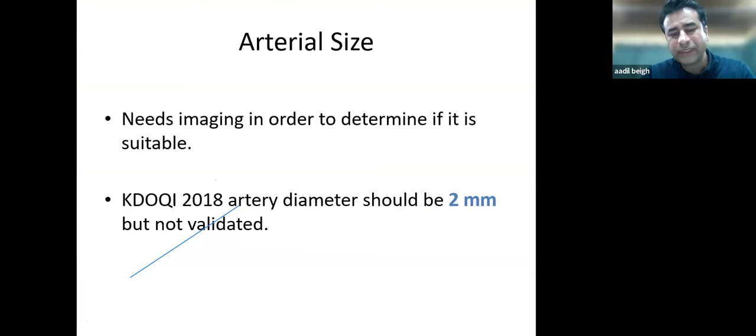Because a lot of studies show that when there is a 1.5, 1.6 mm arterial diameter, the success rate is around 70 to 80%. So that means the arterial size should be at least 1.6 mm. So ideally it should be 2 mm.